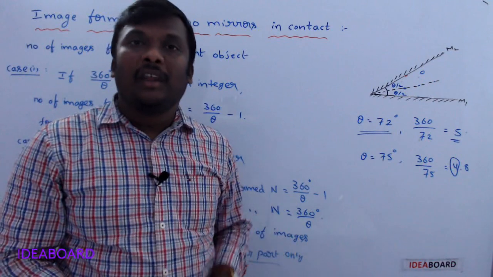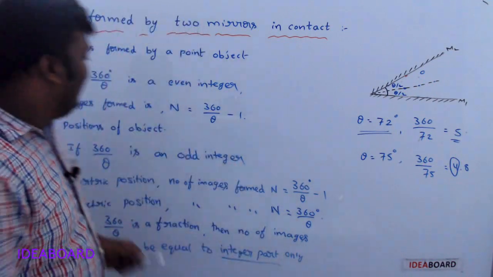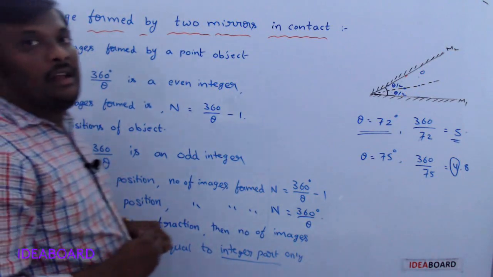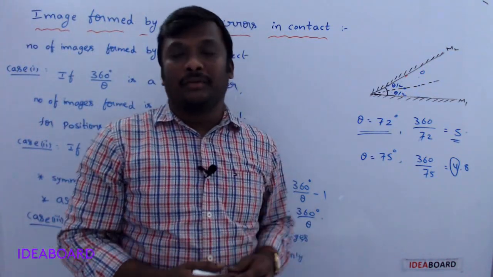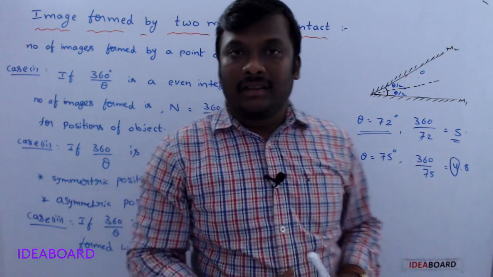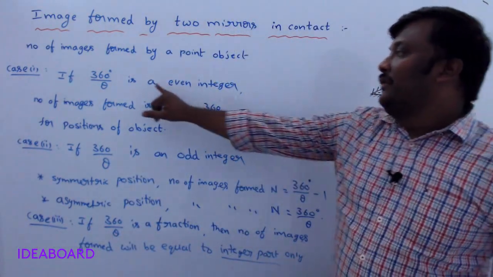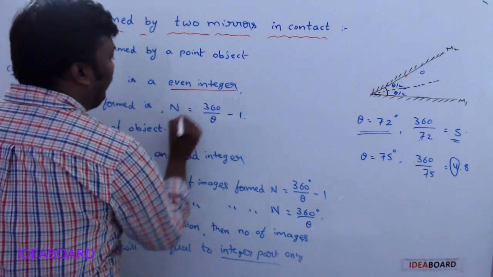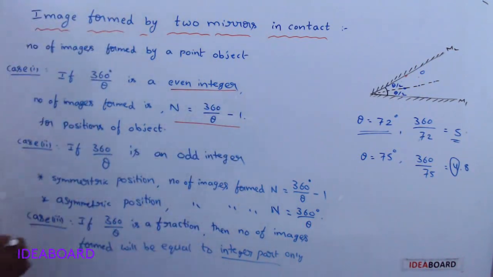So these are the 3 cases for the number of images observed for a point object. Just verify. If 360 by theta is an even integer, the number of images formed is 360 by theta minus 1.